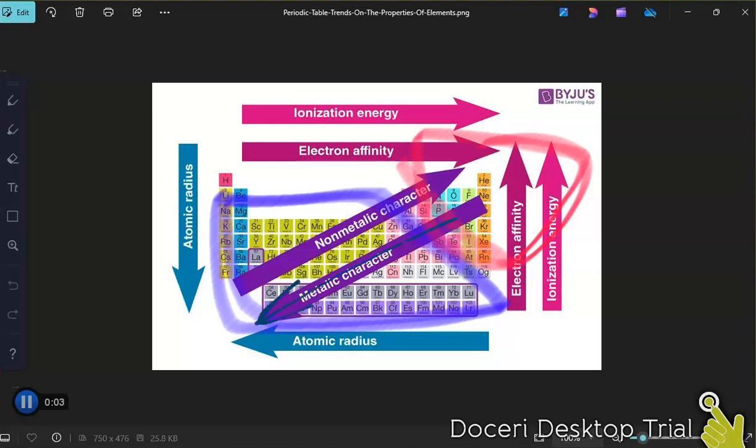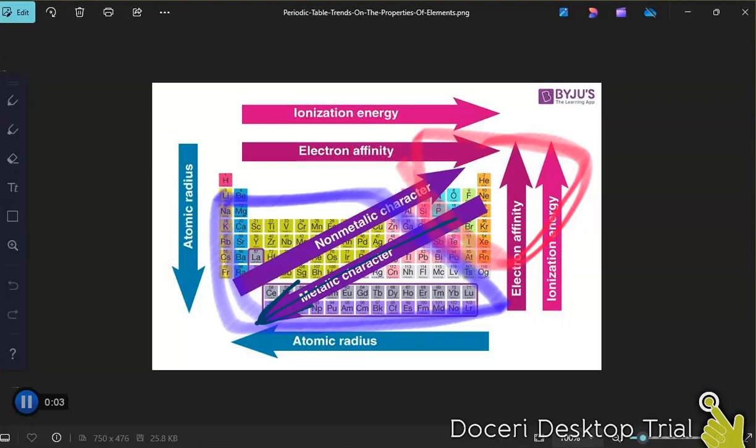Metallic character means they are more metallic, let's just say they're shinier. They are more conductive. They have more electrons in their electron sea. We'll learn more about metallic bonding later on.